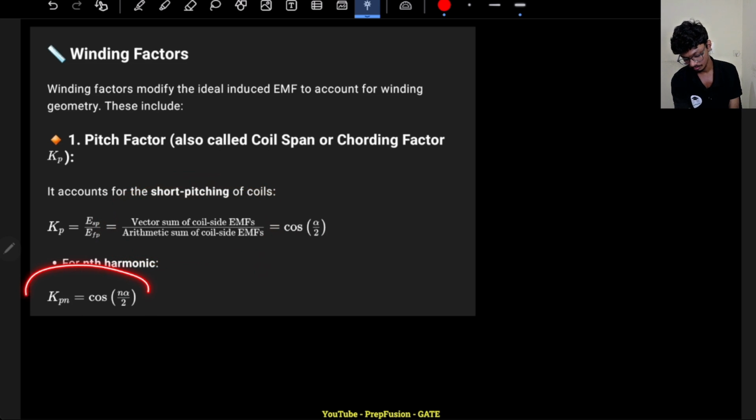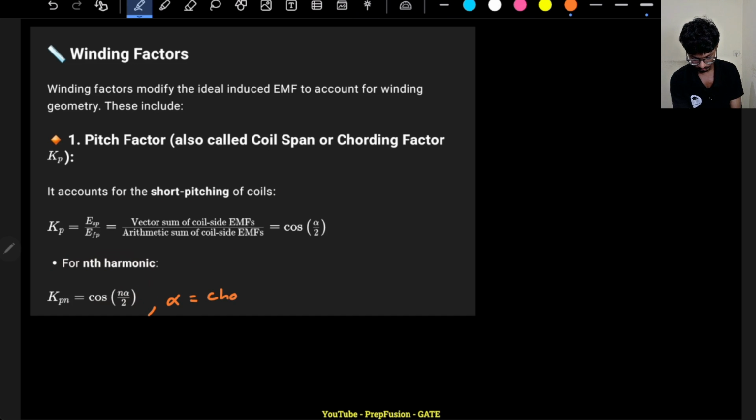Okay, so for the nth harmonic, the pitch factor will be cos n alpha by 2, where alpha is the cording angle.